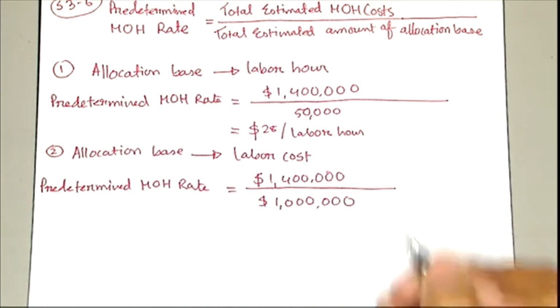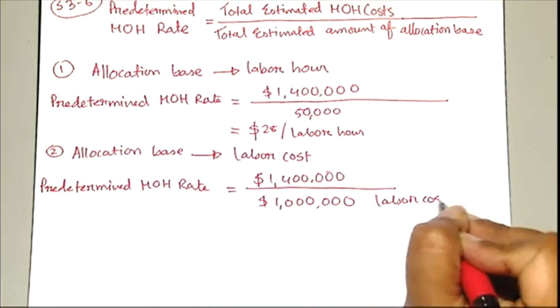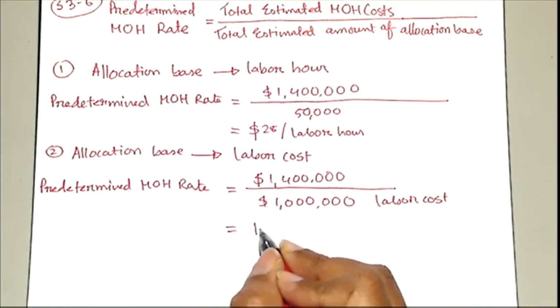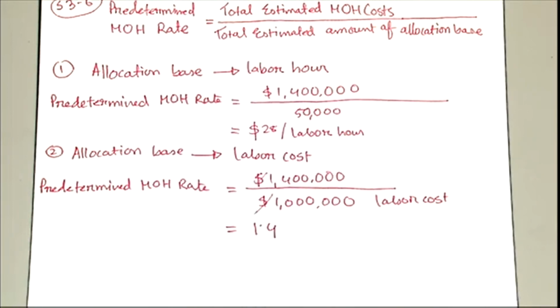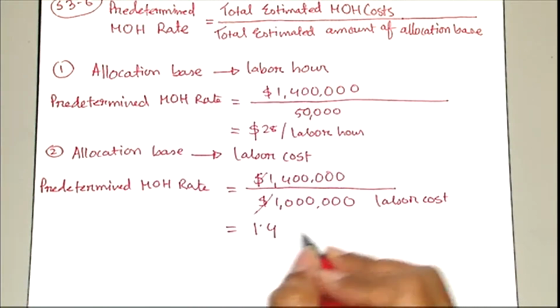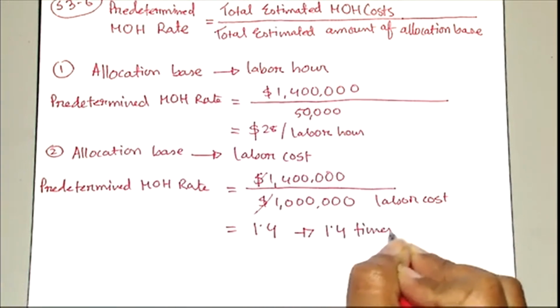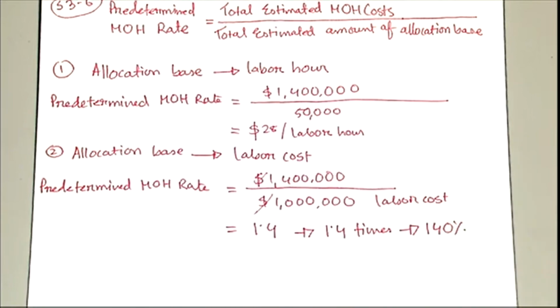This is your labor cost. Right. And if you do that, you will find how much? Who can tell me? You got 1.4. Remember, this is not a dollar value because the dollar is canceled out. This is actually a rate and percentage. So 1.4, or you can also call it 1.4 times, or you can also say 140%.